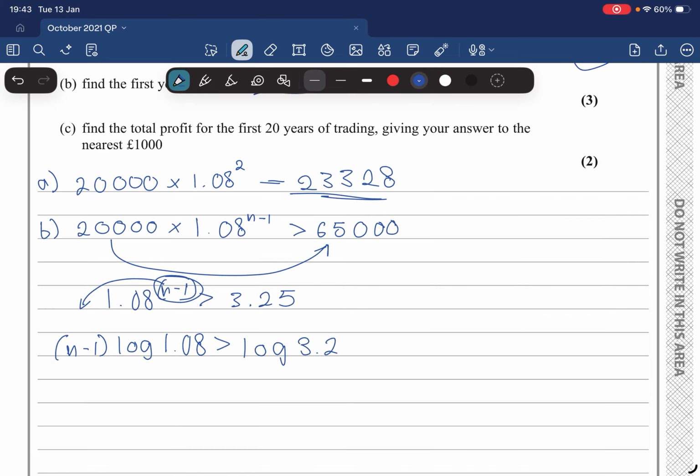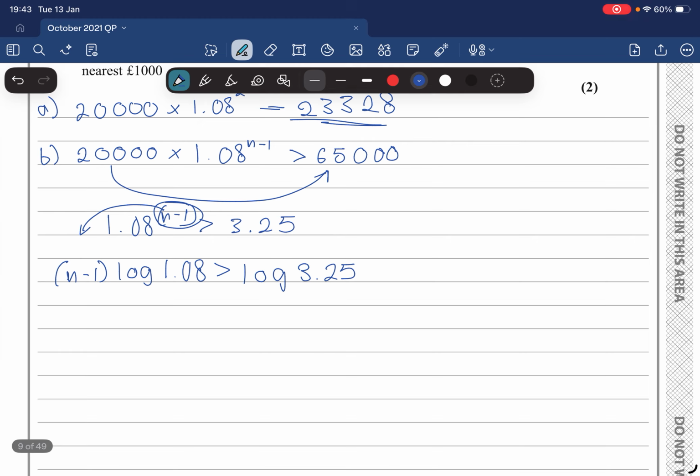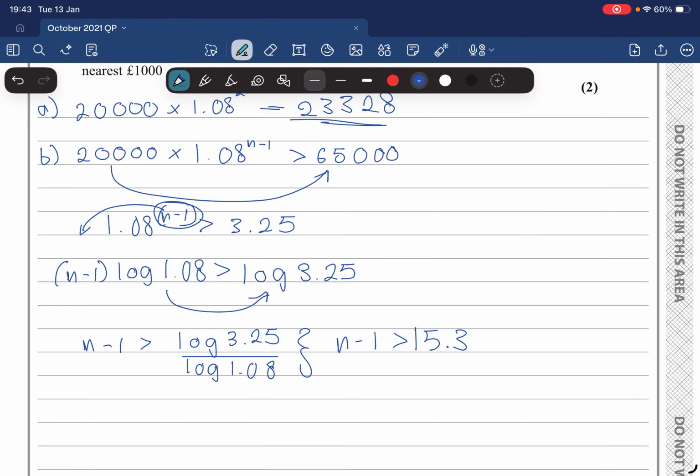Dividing the logs, n minus 1 is greater than log 3.25 over log 1.08, which gives us n minus 1 is greater than 15.3. Move the 1 to the other side, giving us n is greater than 16.3.